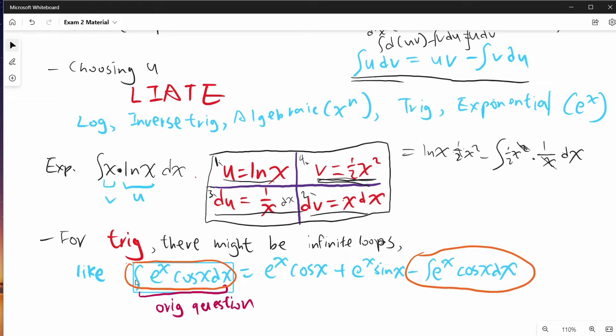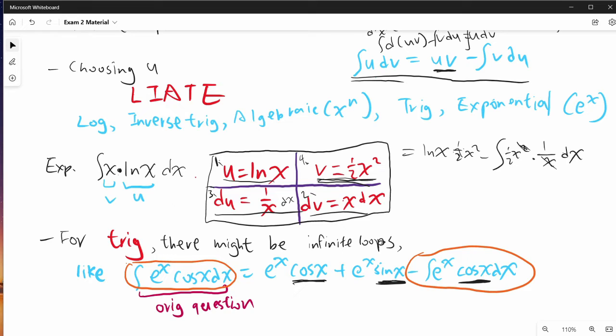So for an integral like e to the x cosine x, right? You might first have cosine x as your u, from the uv multiplication, and then that du becomes another u, and then you have a sine, and then you do that again, the udv part, the vdu part, then again has a cosine in it, and you realize at that point that this is the infinite loop, right?